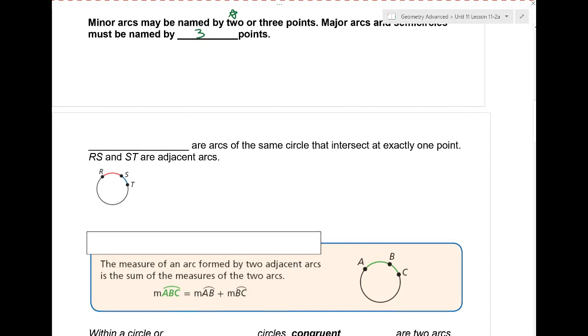All right, now some other terms that we need to know. This makes sense. Guys, what does adjacent mean again? Remember when I had adjacent angles, which we use all the time now, that we have a common vertex and a common side, right, and they're coplanar? Well, we're going to have adjacent arcs.